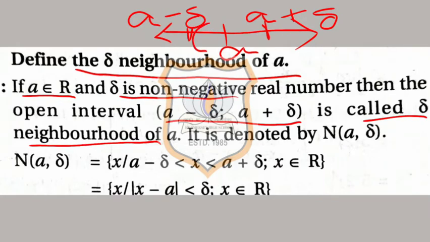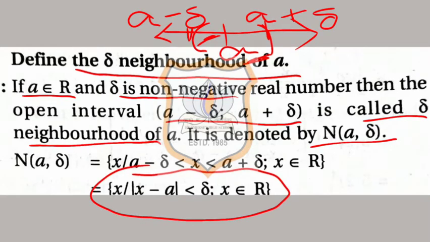So the interval from a minus delta to a plus delta will be known as neighborhood of a, where delta means this distance, that is from the two extreme points to a, that distance is delta. Delta neighborhood is denoted by N(a, δ), which can also be written in the form of modulus, that is |x − a| < δ.